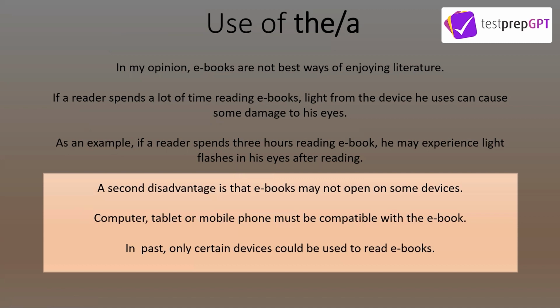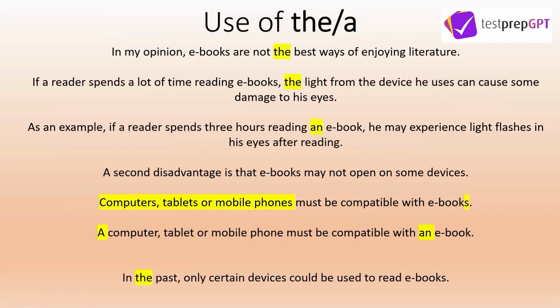Okay? And the can be changed to an. And then the last sentence, in past, only certain devices could be used. So this should be changed to in the past. Let's take a look at the answers here.